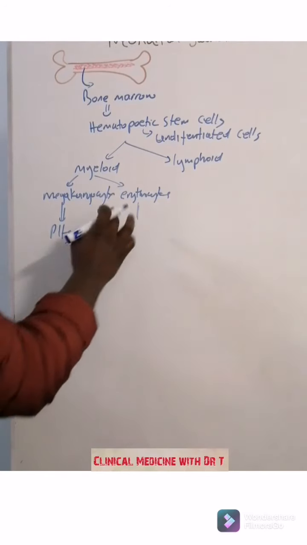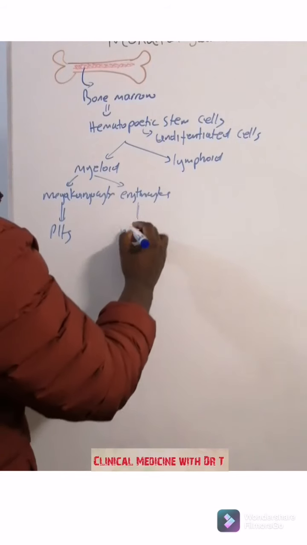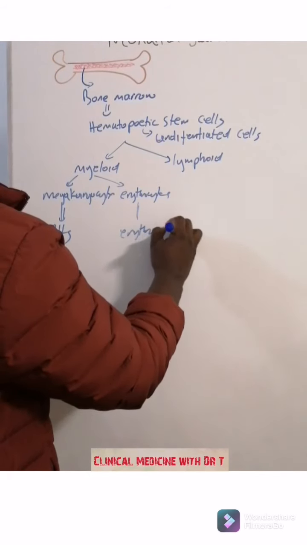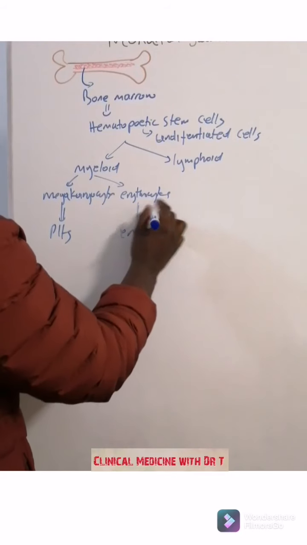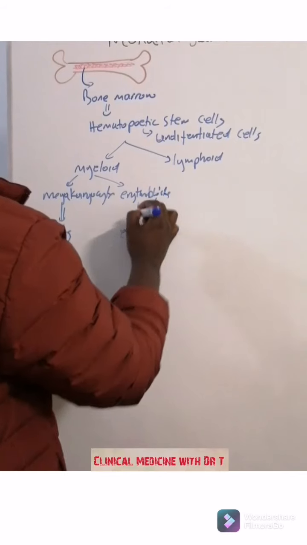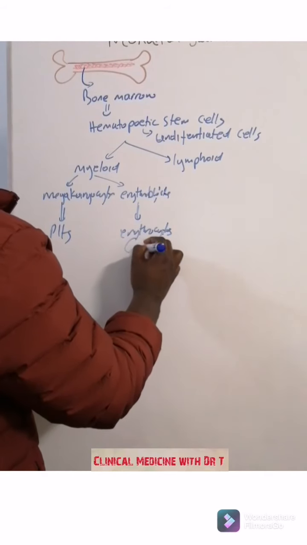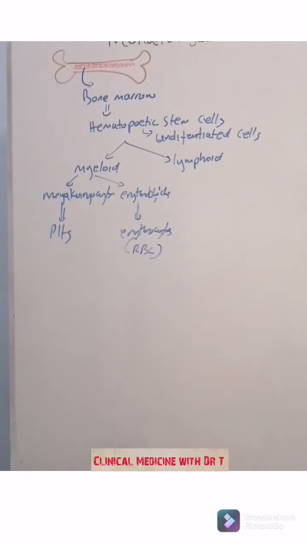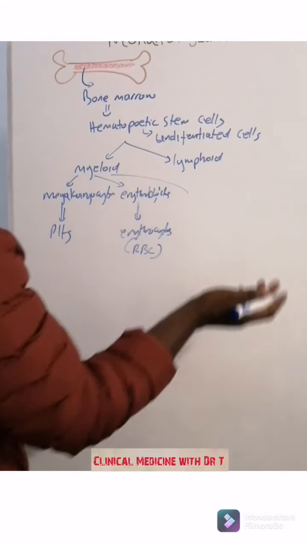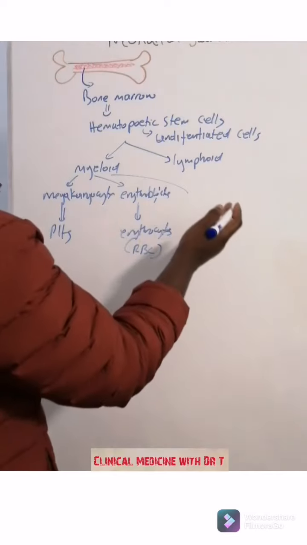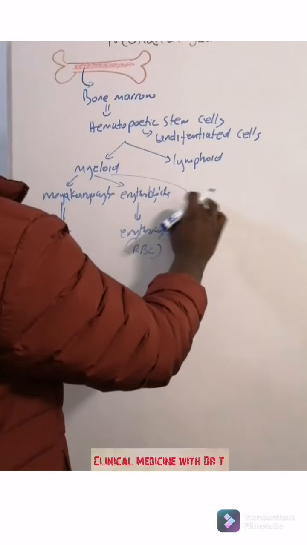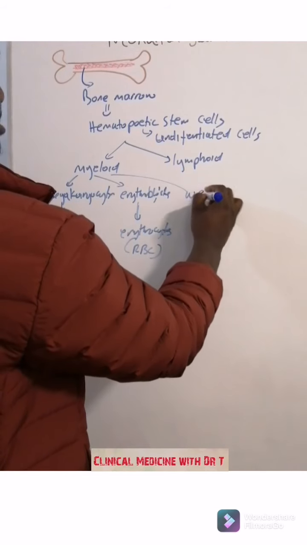So these are erythroblasts, and they become erythrocytes. And these are essentially your red blood cells, which we're going to talk about. They can also take the route of becoming white blood cells, essentially.